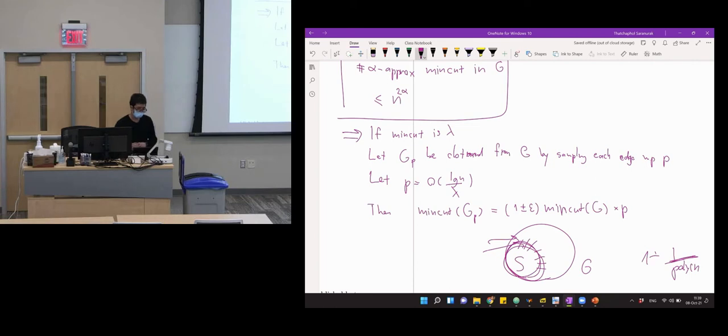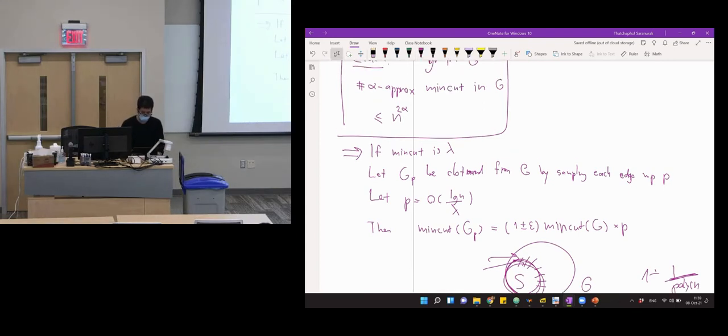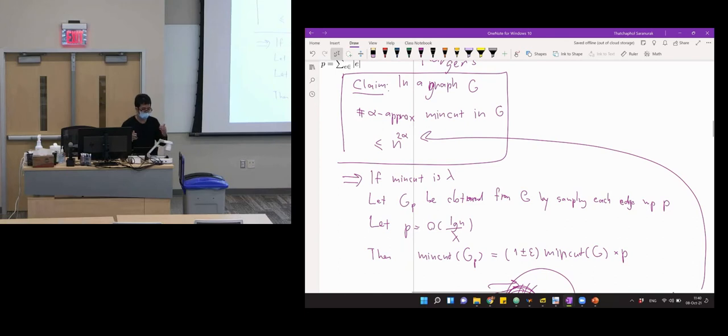So this trick would work only if we are looking at just a poly number of things. Here it works because there are just a poly number of min cuts.